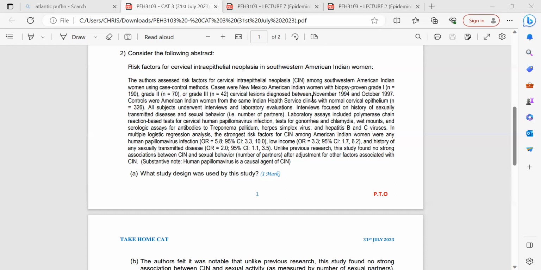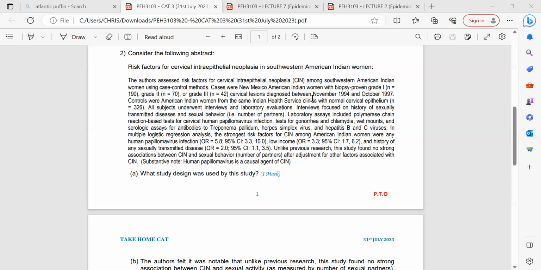Unlike previous research, this study found no strong association between CIN and sexual behavior, meaning the number of partners did not correlate with development of CIN after adjustment for other factors associated with CIN. So probably there were confounders and they were removed, or maybe something like that. A substantive note: human papillomavirus is a causal agent for CIN.